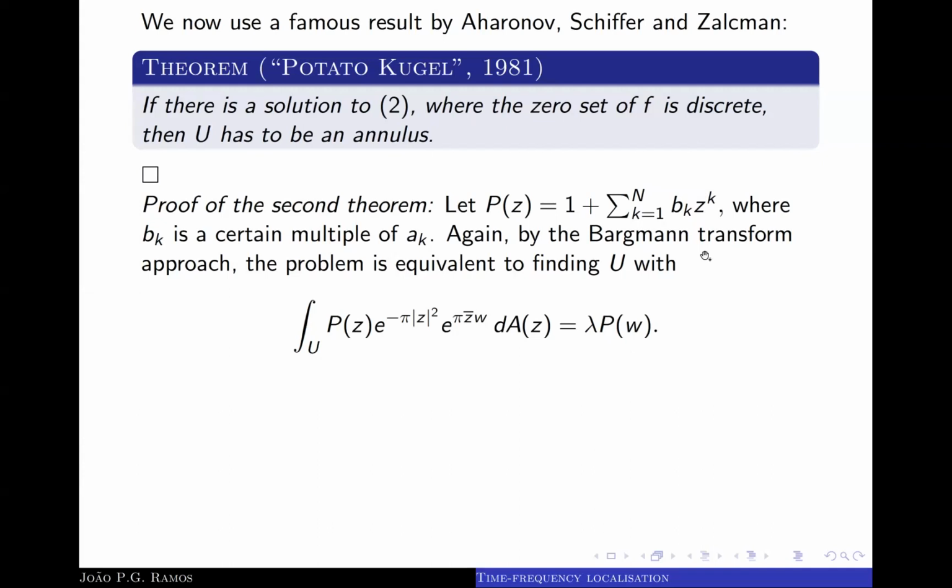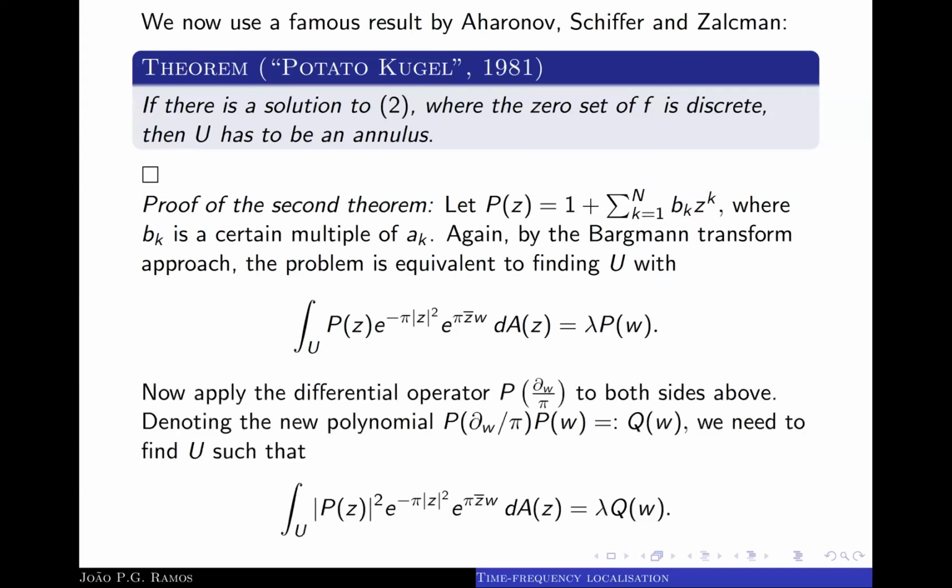So again, by the condition on the Bargmann transform, by using that with the eigenvalue condition with respect to the localization operator associated with U, I get this integral equation. Instead of differentiating k times on the same variable, I use this differential operator with respect to P. Basically, I govern the way I'm going to differentiate things with respect to the polynomial I'm using.